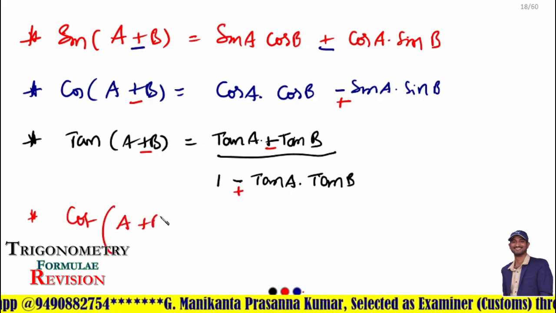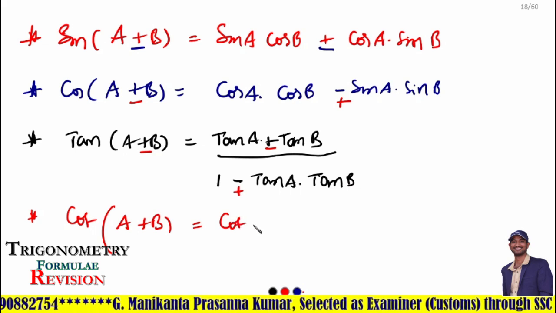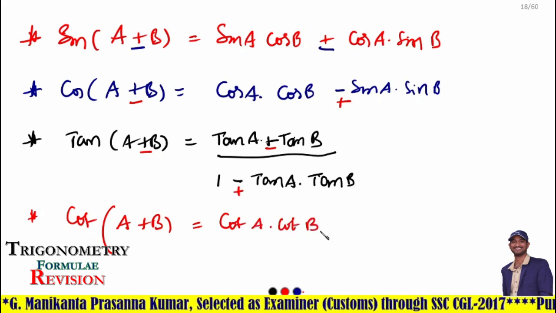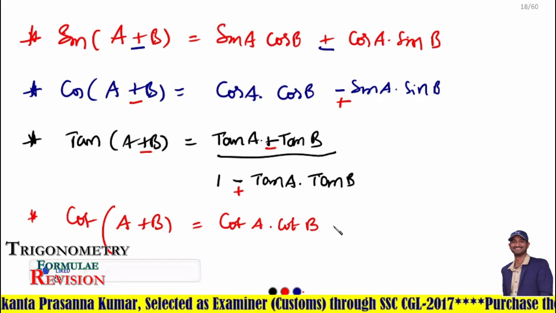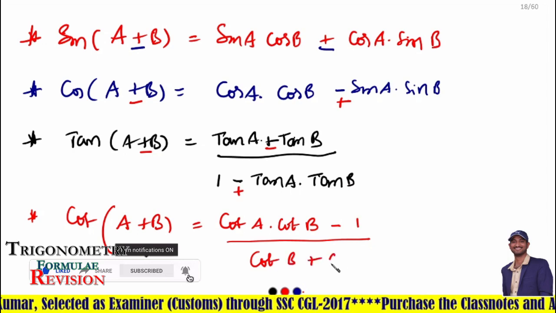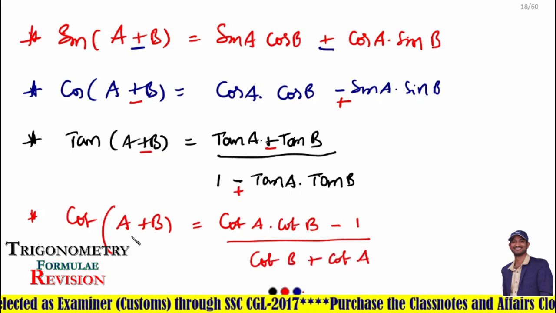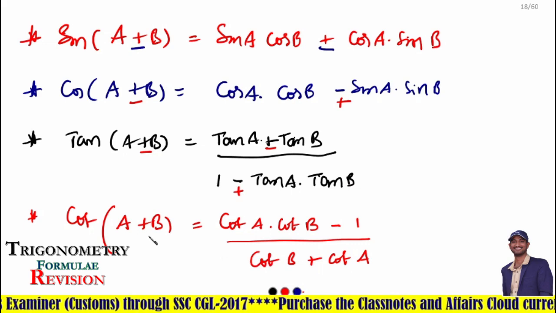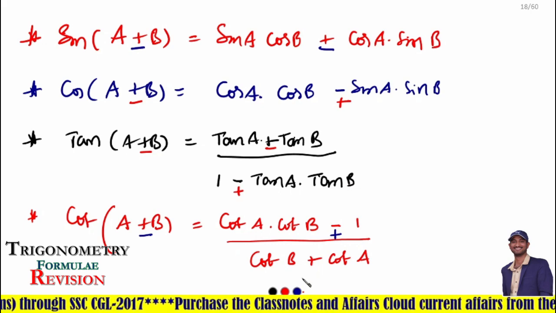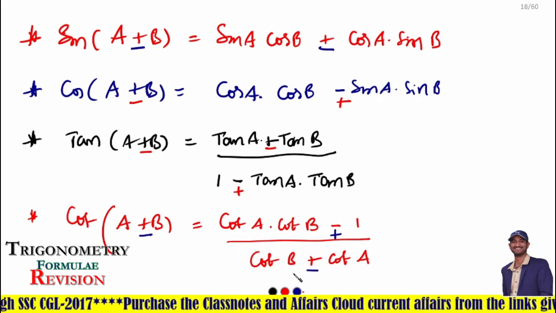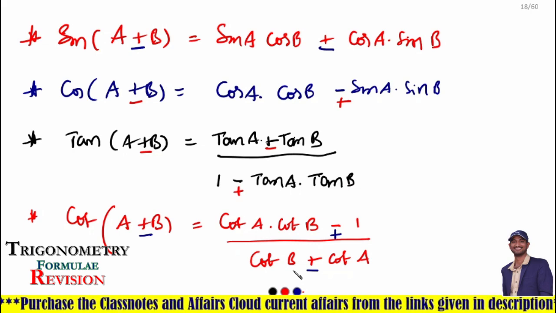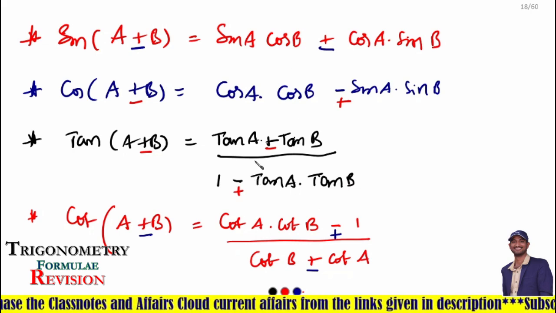Cot of a plus b is equal to cot a cot b minus 1 by cot b plus cot a. Cot of a minus b is equal to cot a cot b plus 1 by cot b minus cot a. These are the sum or the difference of the angles with whose trigonometric ratios are given.